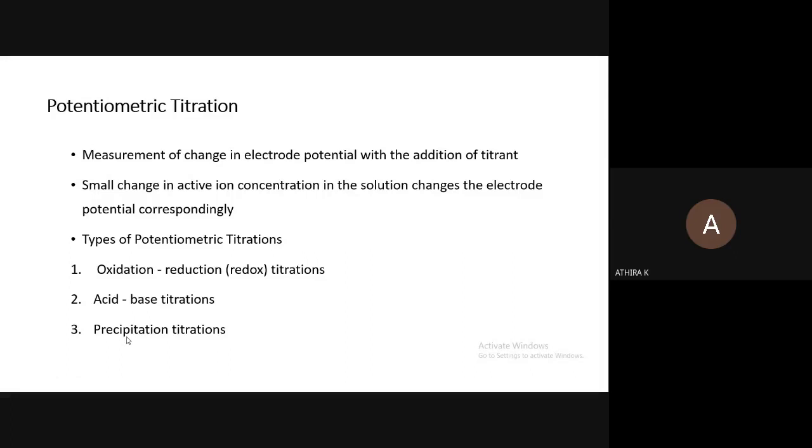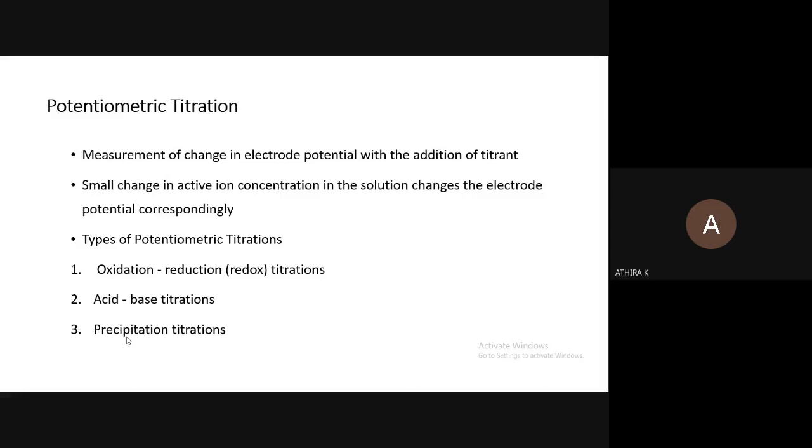And yesterday we discussed the argentometric method. If you remember, during our lab session, we discussed an experiment to determine the amount of chloride present in water. And there was a color change from yellow to red.